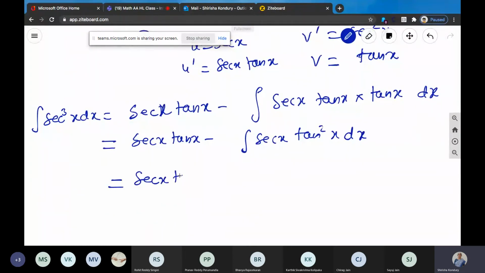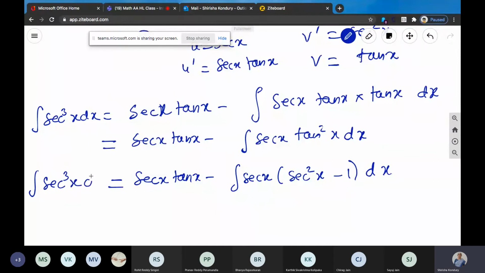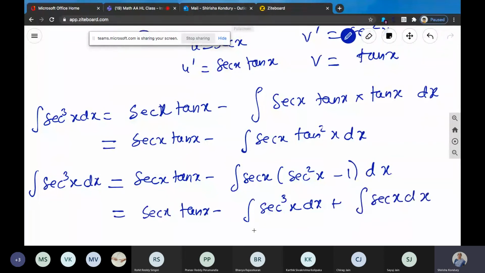Secant x tan x minus integral secant x. I will write tan square x as secant square x minus 1 dx. Minus integral of secant cube x plus integral of secant x dx.